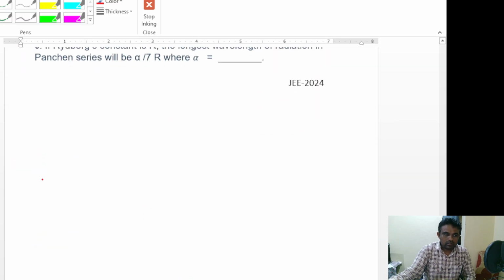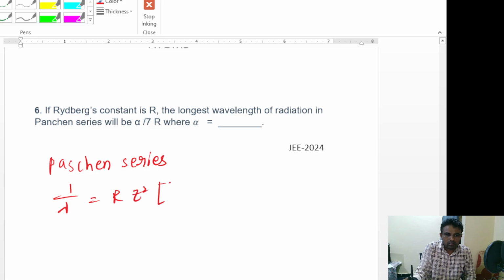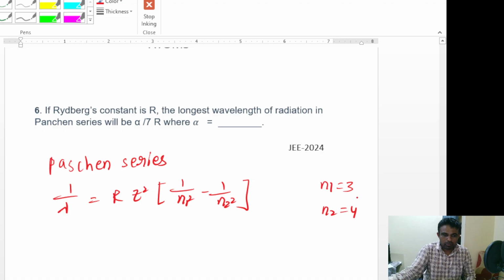Next question. If Rydberg's constant is R, the longest wavelength of radiation in the Paschen series will be alpha by 7R, where alpha is? So the Paschen series wavelength formula is 1 by lambda is equal to R Z square into 1 by n1 square minus 1 by n2 square. n1 is equal to 3, n2 is equal to 4 for the Paschen series.